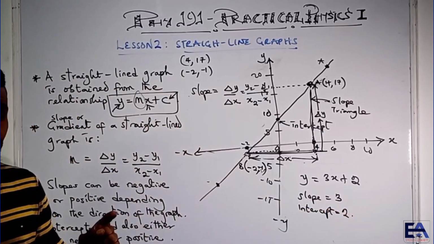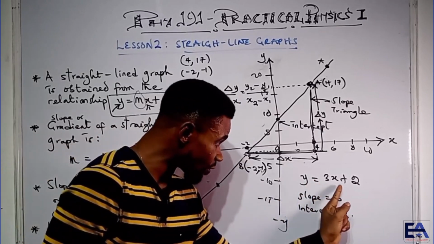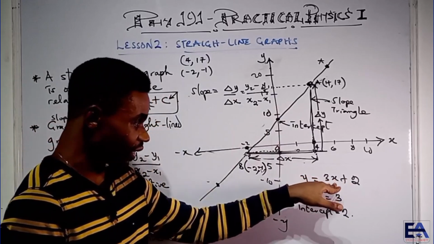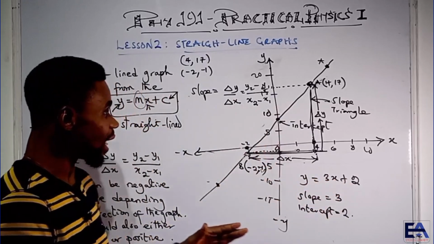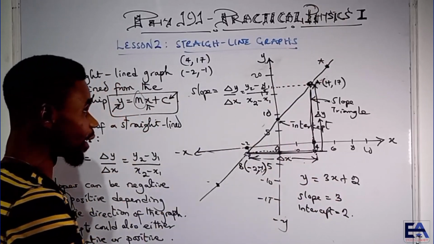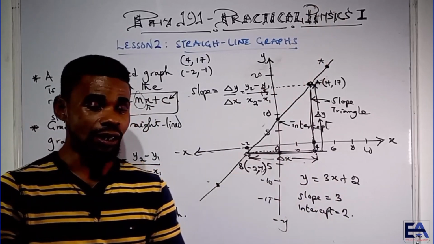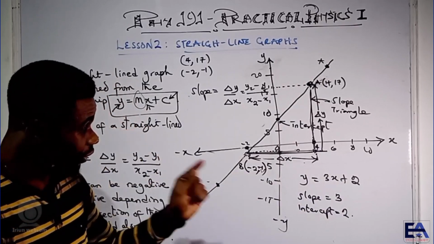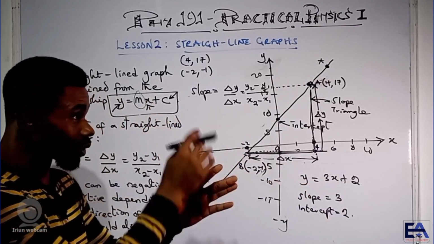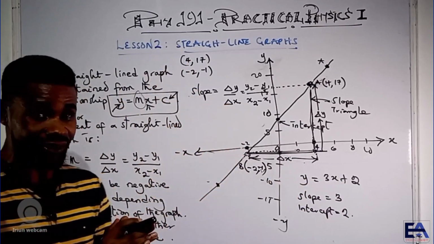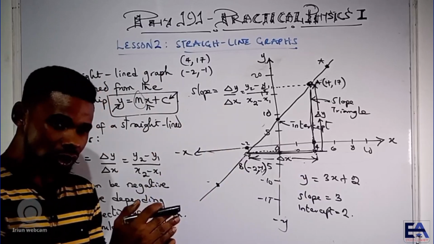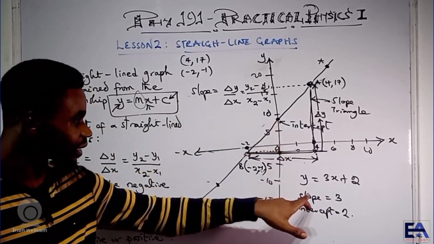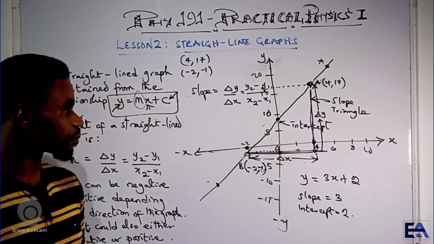And truly, if you actually plot this graph, you choose different values of x to get different values of y, and you use them to plot a straight line graph, okay? You will see that if you are drawing it on a real graph book that has all the lines on it, the graph will genuinely cut across the y-axis at point 2.